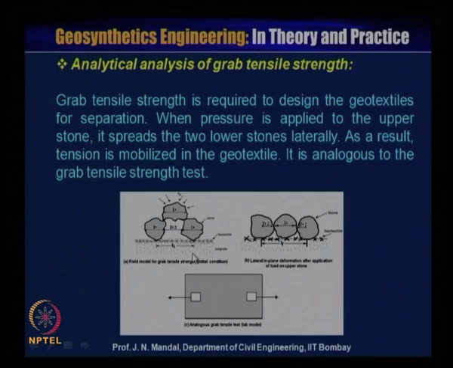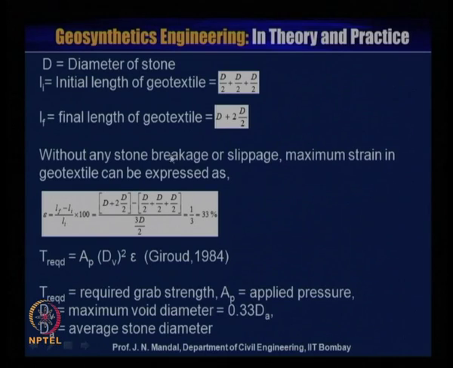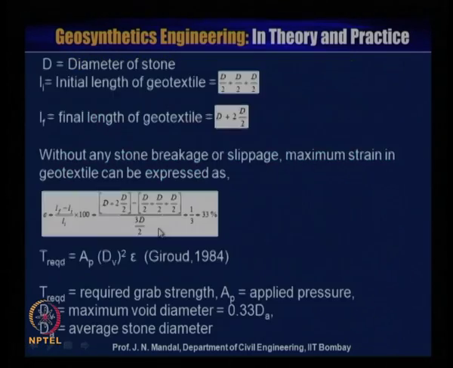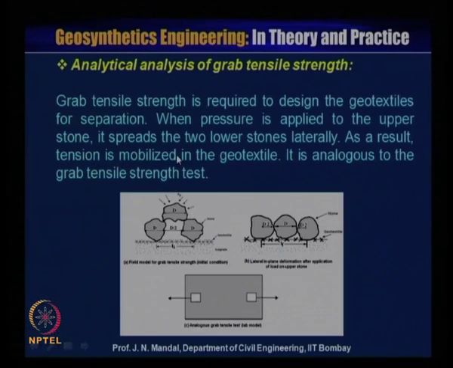So, the initial length is Li, the initial length of the geotextile material, and D is the diameter of the stone, all three of the same diameter, and here is AP, the applied pressure.